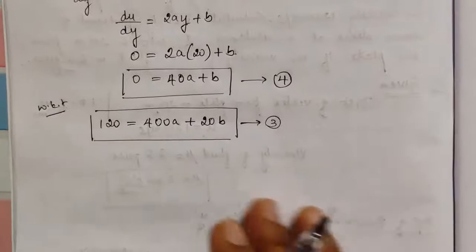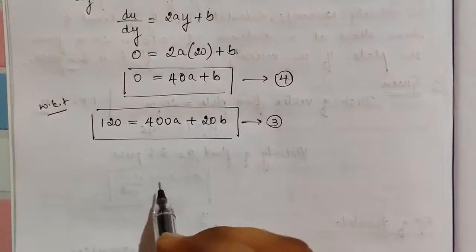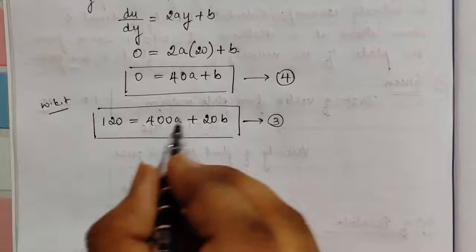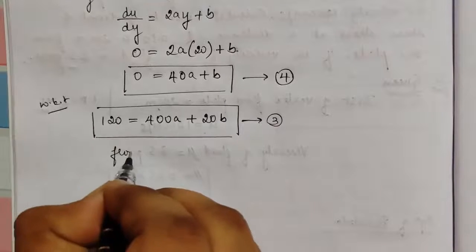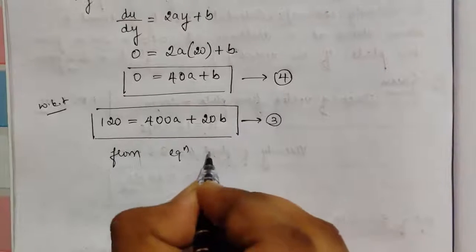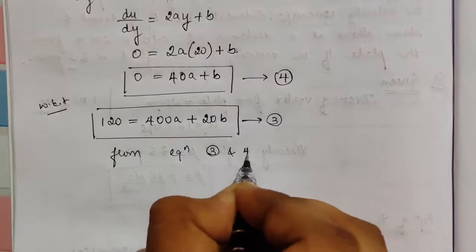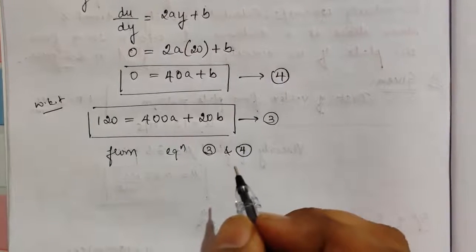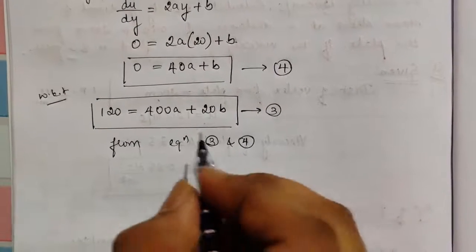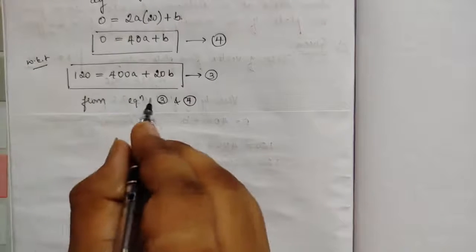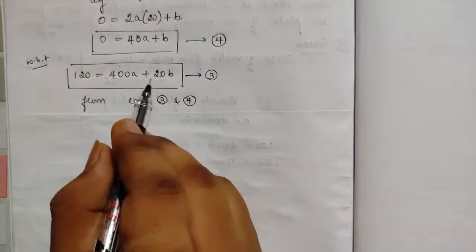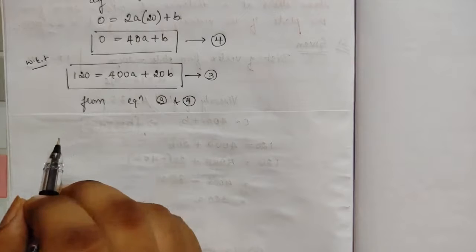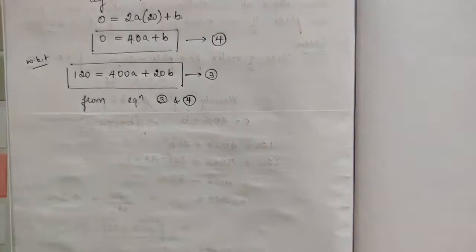So now I want the value of a and b. So from equation 3 and 4, what I'll do? Equation 3 is 120 equal to 400a plus 20b, and equation 4 is 0 is equal to 40a plus b.